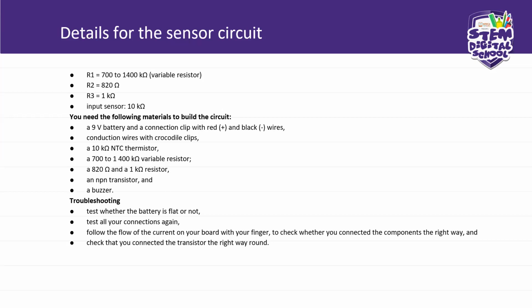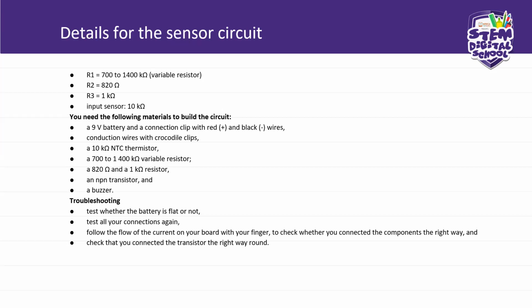Then you follow the flow of the current on your board with your finger to check whether you connected the components the right way, and check that you connected the transistor. The transistor can be very tricky. You must check if you connected the transistor correctly. Check if the emitter is connected where it should go.